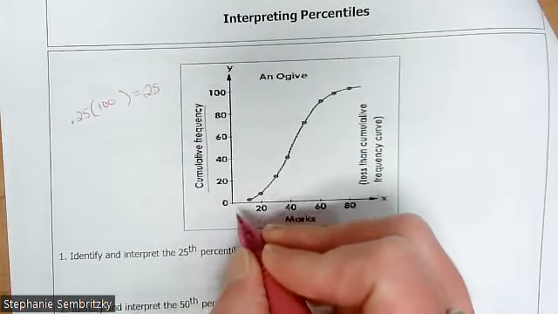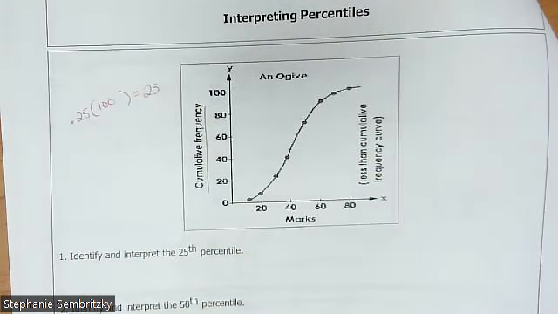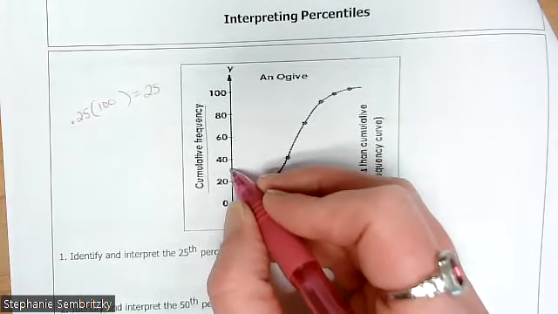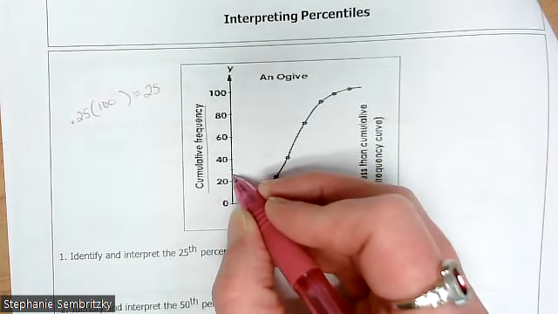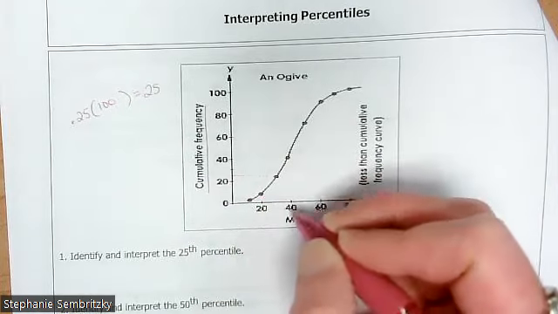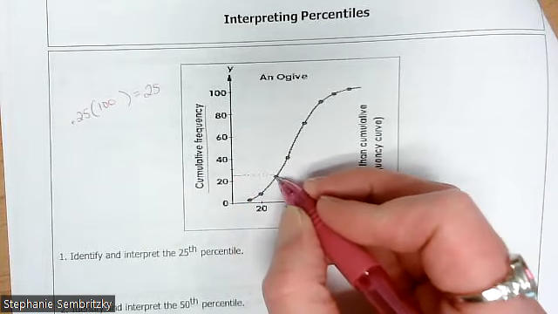So I would look on the cumulative frequency and find the 25th value. So on the cumulative frequency, I'm looking for 25. I'm going to come across and figure out what mark would go with the frequency of 25.